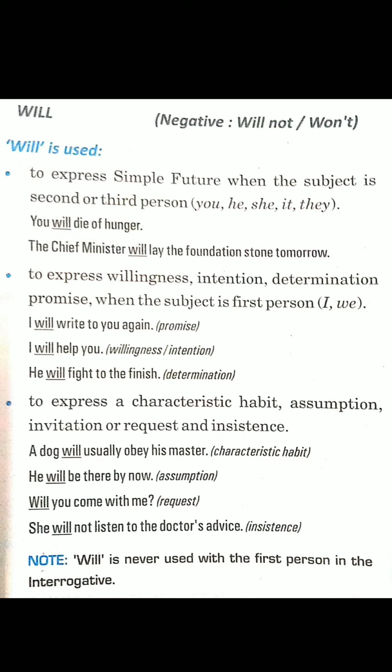So this was all about will. Will is used with first person subjects that express intention, promise, determination, threat. Then will is used with second and third persons to express simple future, prediction, capacity, orders, habit, or characteristic. Then will with second and third person in interrogative sentences is used to express request, invitation. So this was about will.